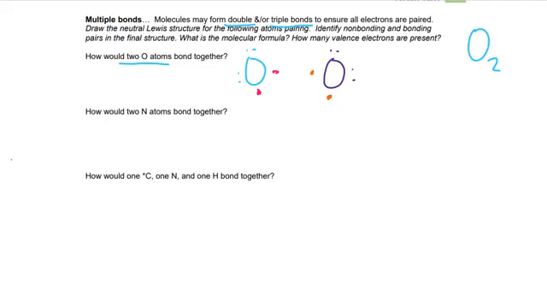Again, we still need to look at electrons. How many outermost electrons does this oxygen have? Well, 1, 2, 3, 4, 5, 6, right? So we have 6 outermost electrons for that and 6 outermost for the other one. So 6 times 2, 12 valence electrons is what we have to account for.